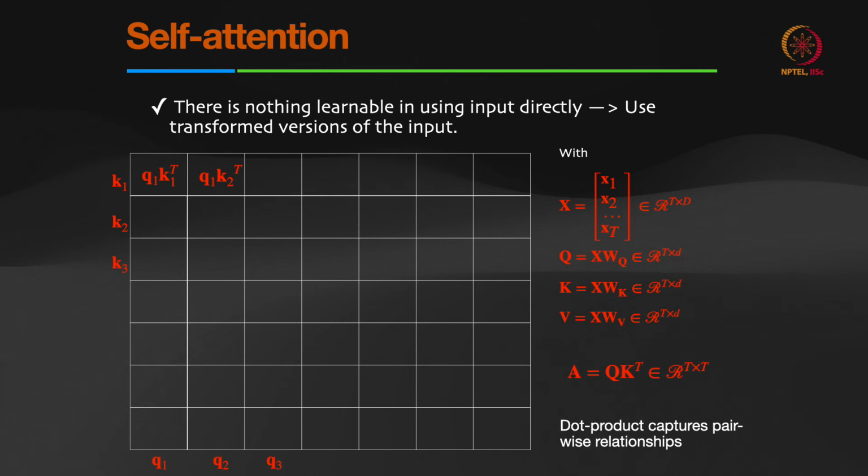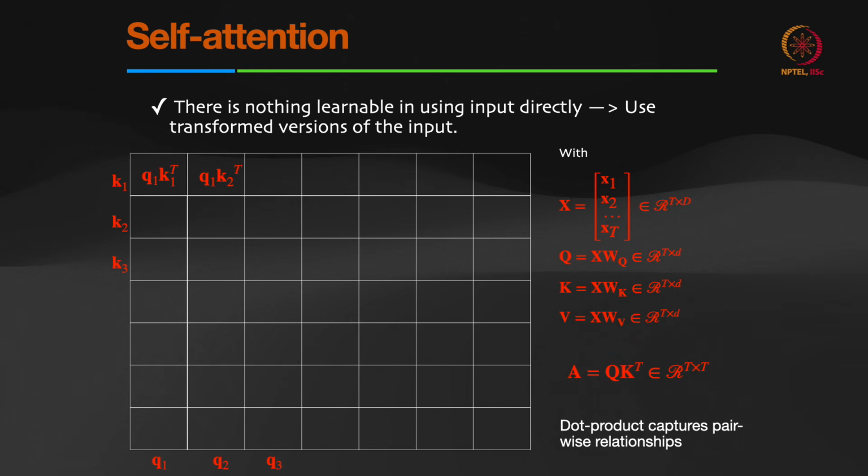So the subsequent process is to apply transformations to essentially take every input data and pass it through 3 levels of transformations, one corresponding to query, key and value.